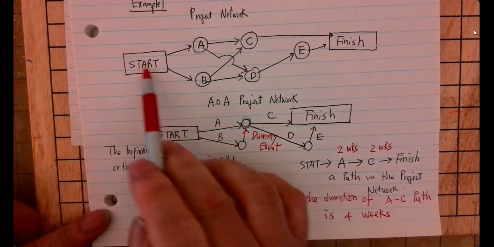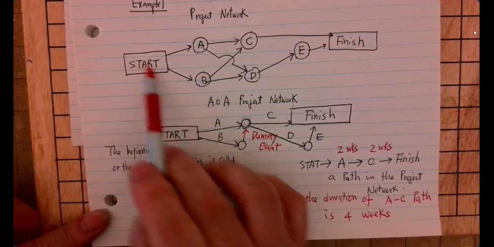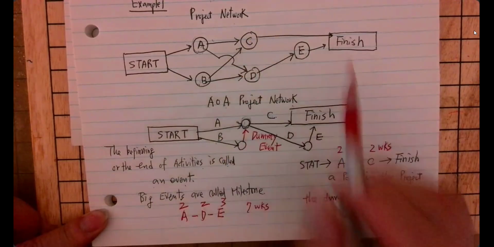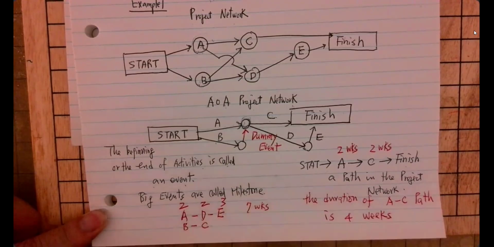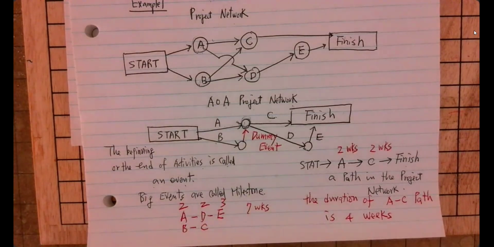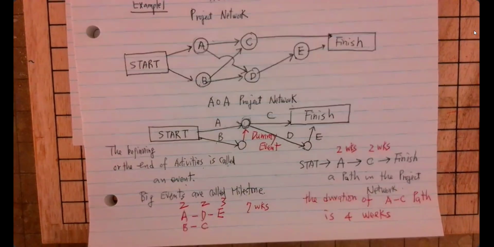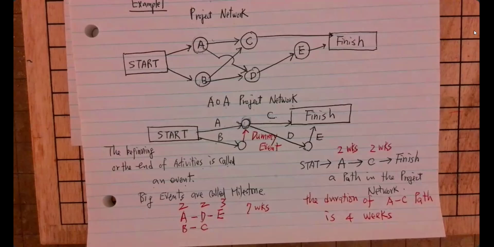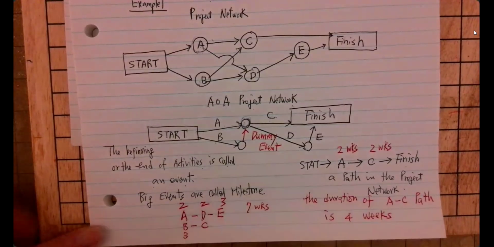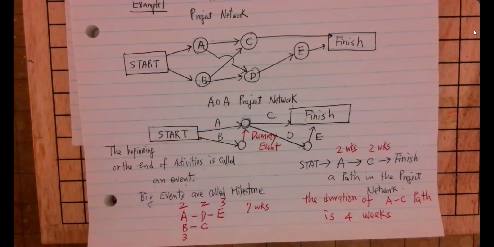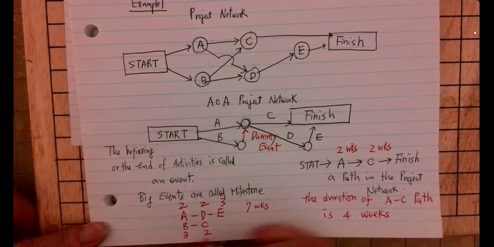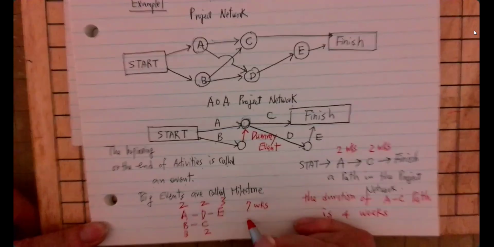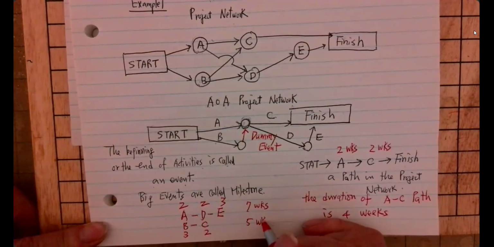And the other path, from B to C to finish. How long is the duration? B is 3 weeks. C is 2 weeks. So the duration of the BC path is 5 weeks.